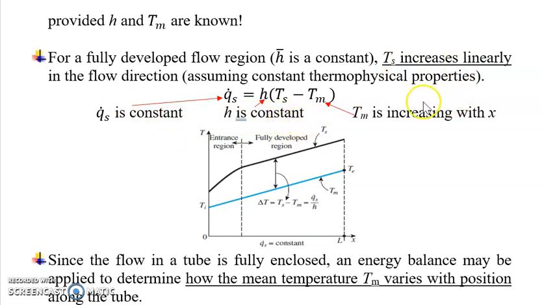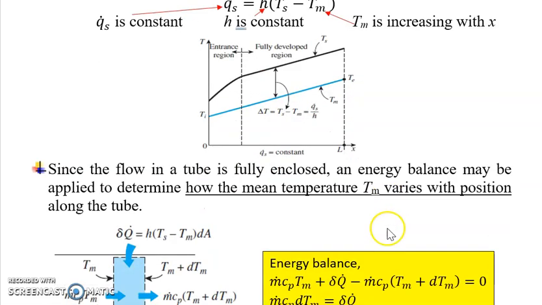We assume constant thermophysical properties. So with Qs constant, the average heat transfer coefficient constant, with mean temperature increasing linearly with x, so will the surface temperature. So the difference here is constant along the channel length.